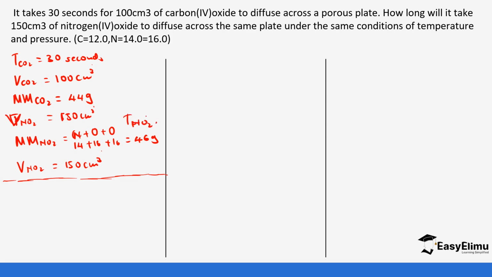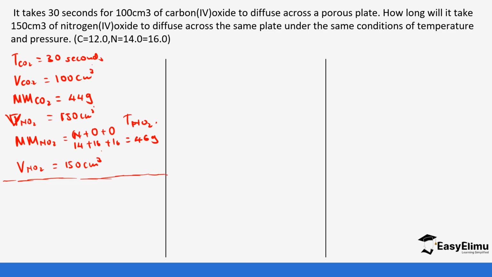But we cannot relate the rate at which they diffuse without giving them equal volumes. You notice for carbon dioxide we have 100 centimeters cubed, for nitrogen dioxide it is 150. So there is no way we can use these volumes directly, because the diffusion is going to be totally different.